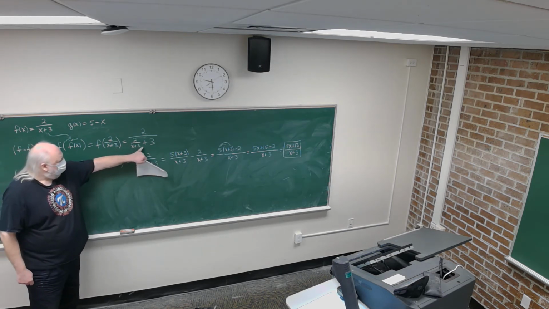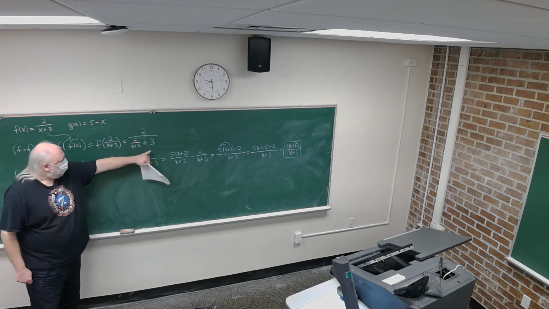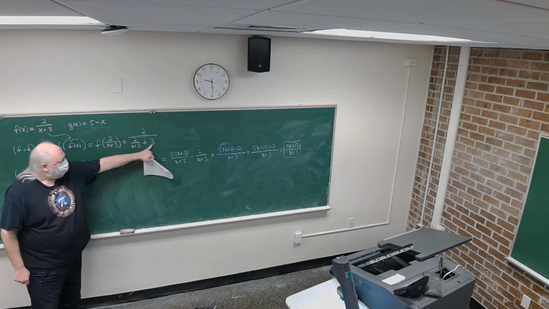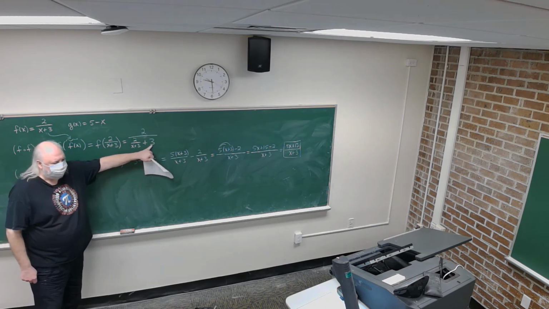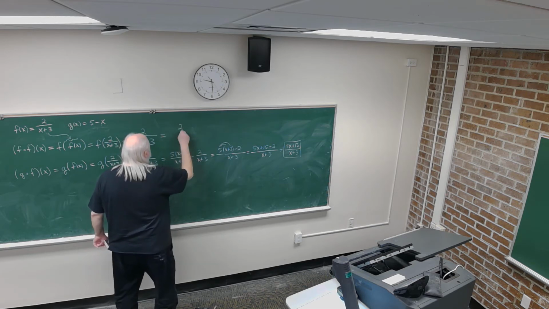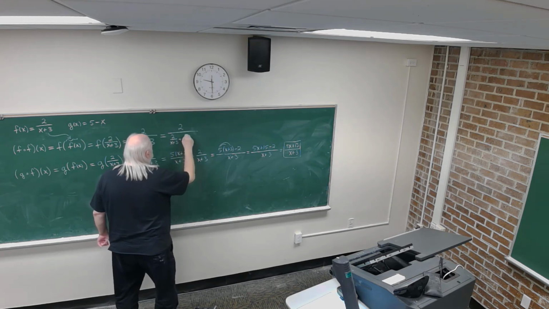So we're adding this fraction to 3, and x plus 3 is the common denominator. So we got to multiply top and bottom of 3 by x plus 3. So this is equal to 2 over 2 over x plus 3 plus 3 times x plus 3 over x plus 3.